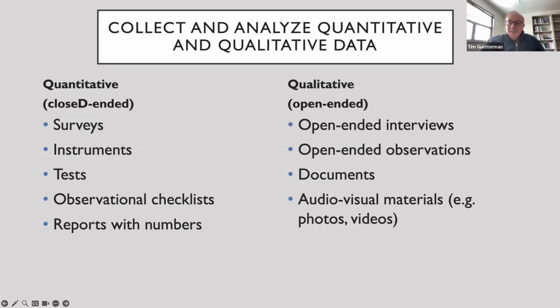Things like tests, and this, very broadly, could mean psychological tests, behavioral tests, educational tests, and on and on. Quantitative data could be in the form of observational checklists. So in an observational checklist, you might be in a setting and you're recording instances of behavior, and those counts, those numbers are what's important.